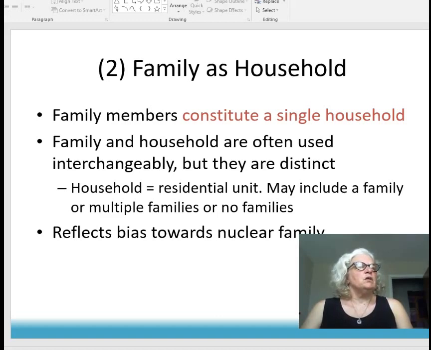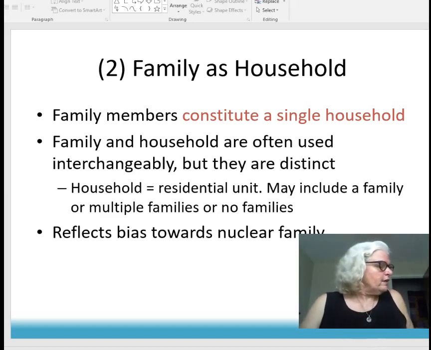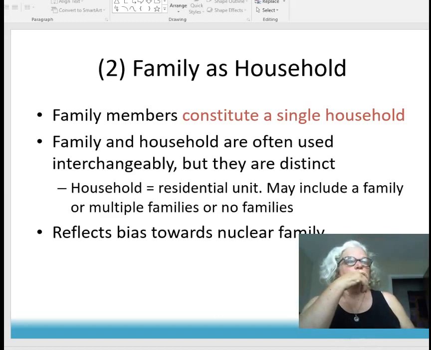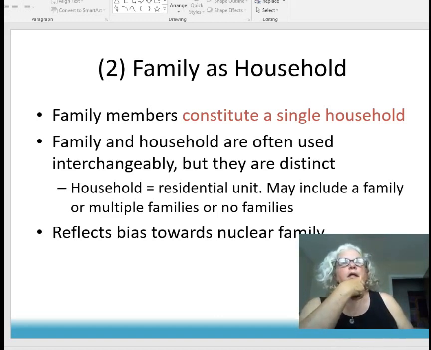A household, a resident unit, may include a family or multiple families, but the whole household could include that extended family or other people who have become your family. It is interesting as we start exploring this. The last statement here says it reflects bias towards the nuclear family.